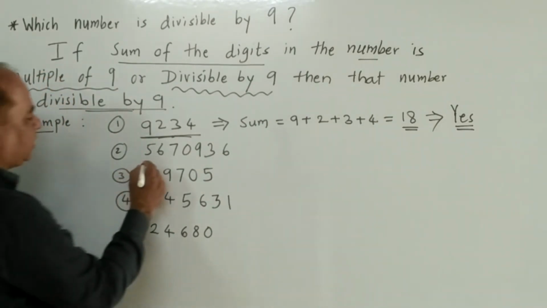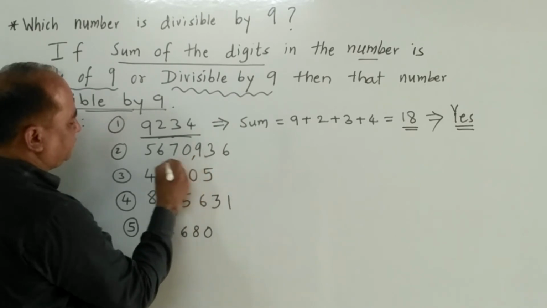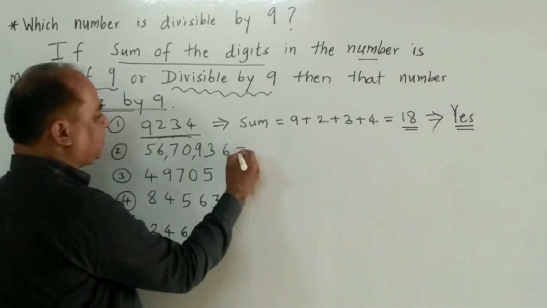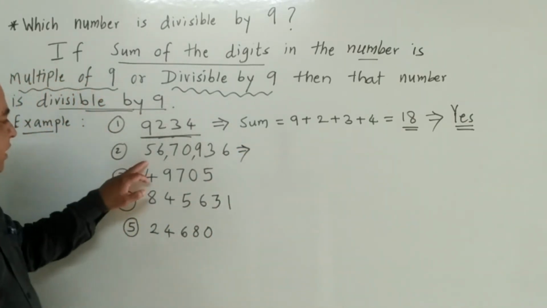Now, let us see another example, 56,70,936. Is this number divisible by 9? Let us check.